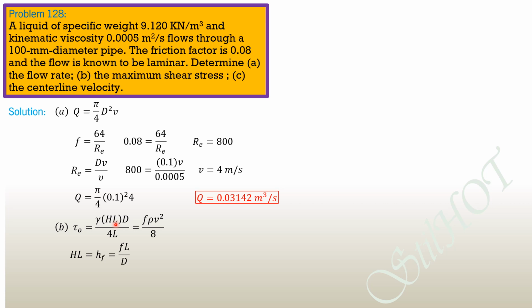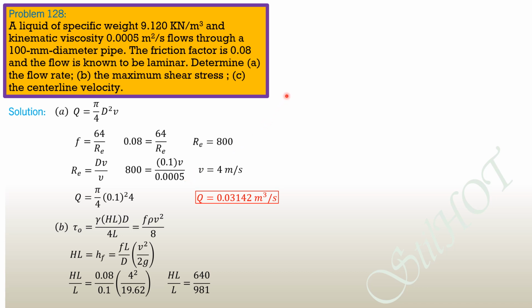Since friction factor is 0.08, and length, you just consider 1 meter, and diameter is 0.1, then the velocity is 4. So head loss over L is equal to 0.08 over 0.1, friction factor over diameter, then velocity 4 squared over 19.62.